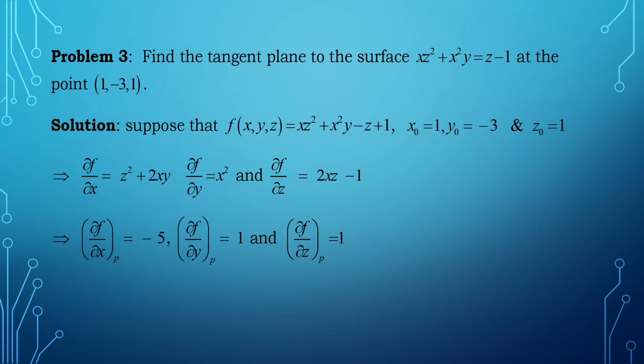Now we have to find out dou f by dou x, dou f by dou y and dou f by dou z at the given point P. Dou f by dou x at P equals minus 5, dou f by dou y at P equals plus 1 and dou f by dou z at P equals 1. We get these values by substituting x equals 1, y equals minus 3 and z equals 1 in the partial derivatives of f.